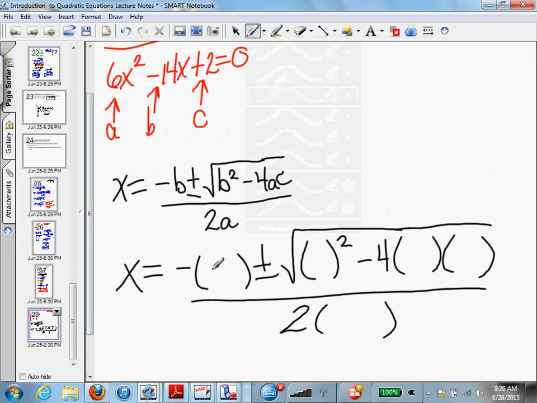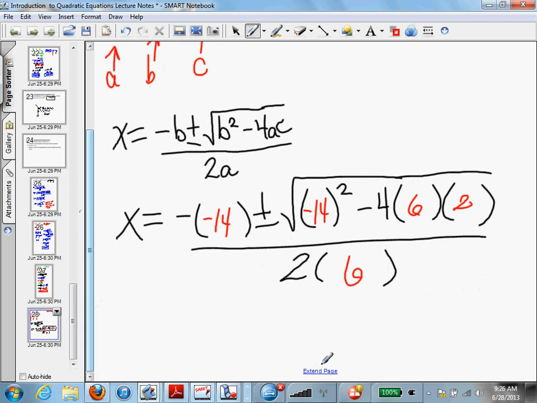So b belongs here, and we know that b is negative 14. b also belongs here, which we know is a negative 14 again. A belongs beside the negative 4, and it is a 6. And finally we have c goes here, which is 2. And on bottom we have 2 times a, which in this case will be 6 again.